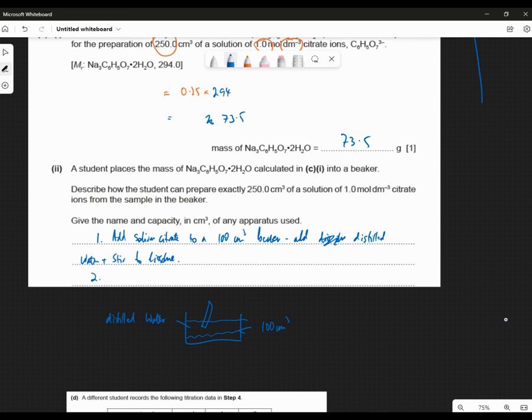Now I would transfer to a 250 cc volumetric flask.